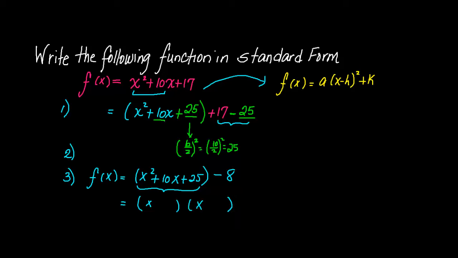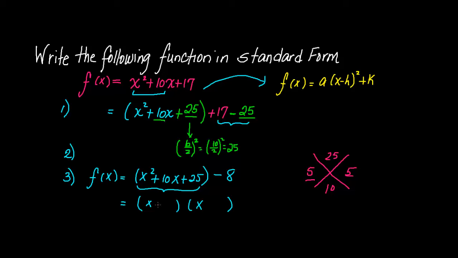We can use our x method where you place your c value on top, which is 25, your b value on the bottom, and then you find two numbers that will multiply together to make 25, and also those same two numbers add together to make 10, and those numbers are 5 and 5.